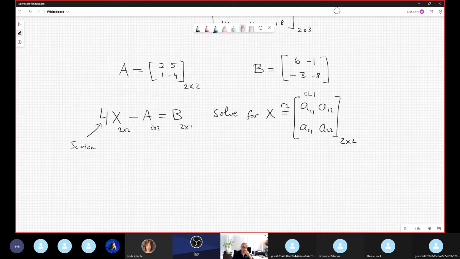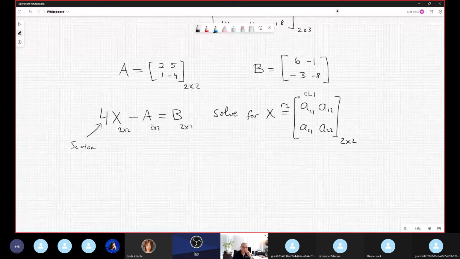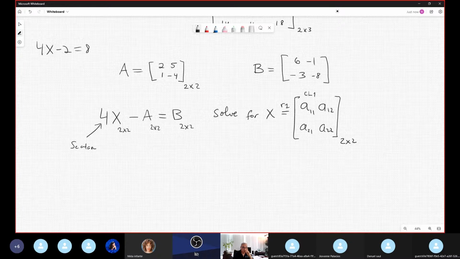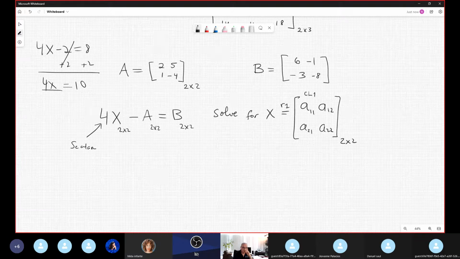When you solve the matrix equation, it is very similar to solving the equation 4x minus 2 equals 8. You add 2, the 4x cancels out, x equals 10 divided by 4, and reducing the fraction, it is 5/2. But in this case, it is a matrix. Very similar.